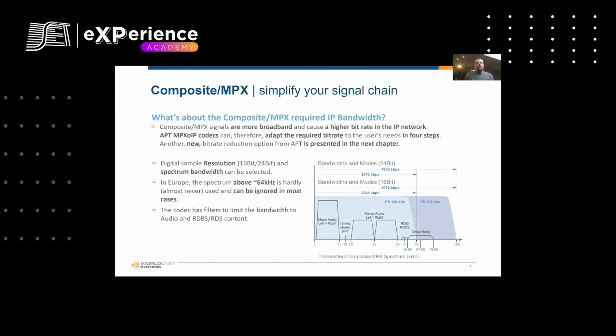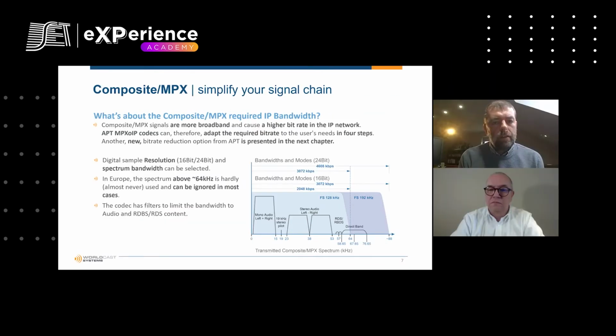In terms of bandwidth requirements, obviously it's more requirement than a compressed audio signal, be that an MPEG, AAC, Opus, or aptX, the lossless compression method that we've promoted in our codecs for many years.